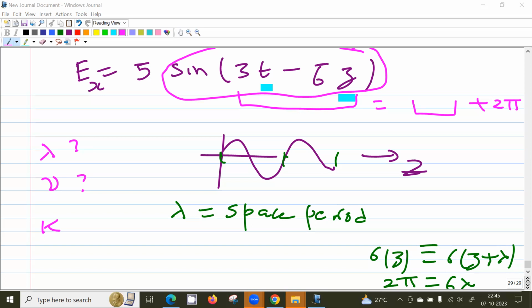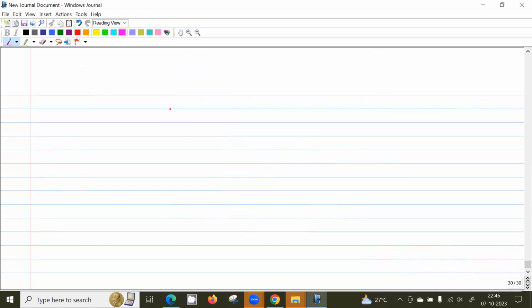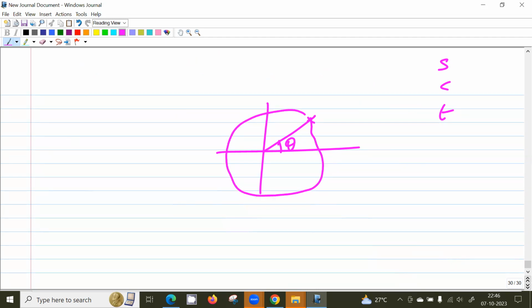Even cos theta is the same as cos of theta plus 2 pi. Whether theta is in degrees or radians, for this particular point, if you go one complete revolution you come back to the same point. So the angle 2 pi plus theta gives the same point as theta.